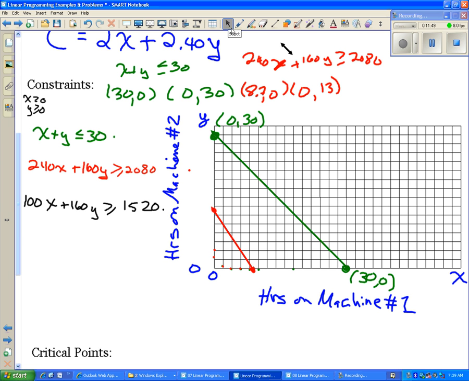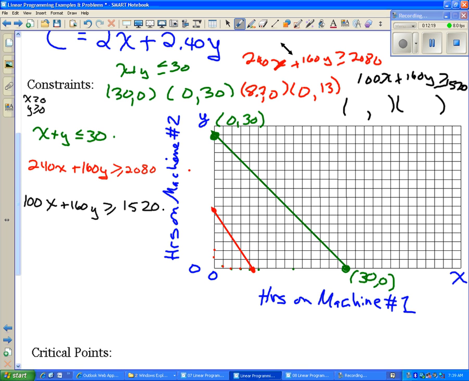Now I have my third constraint, which I did in black. I'm going to show this work down here. We have 100x plus 160y is greater than or equal to 1,520. Again, I'm going to find my x and y intercepts.